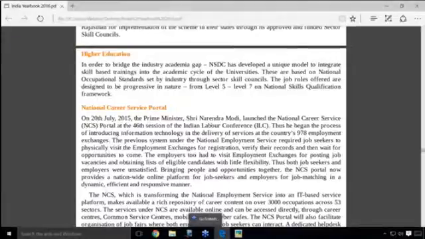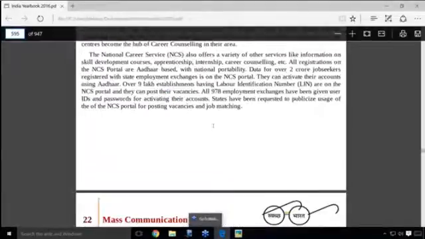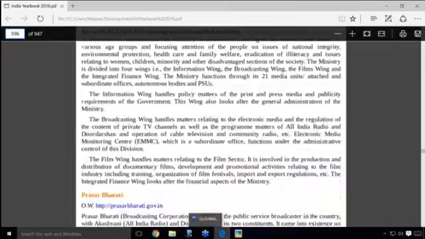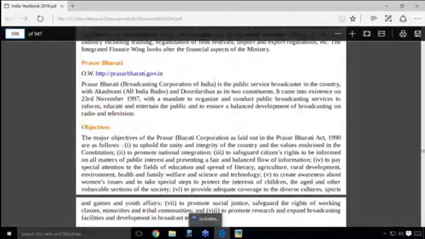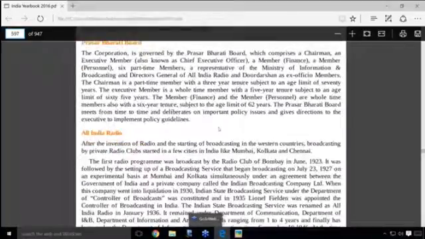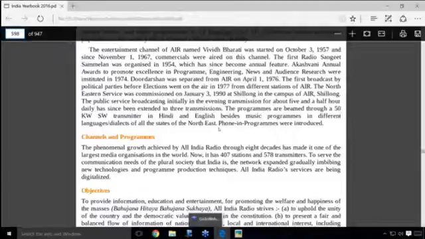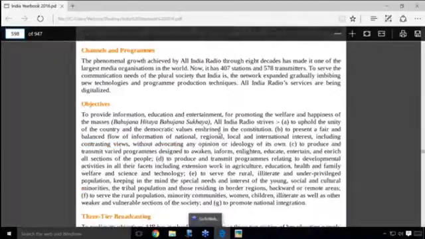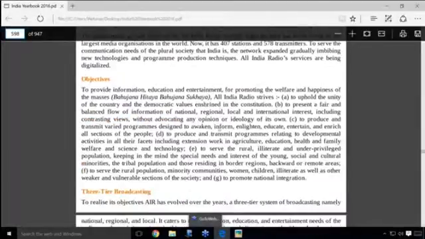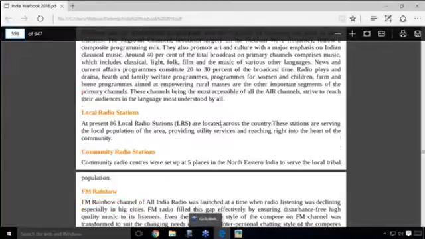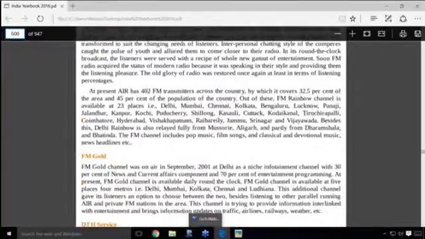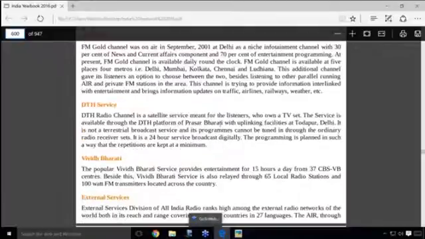Next chapter. This chapter doesn't have any important information at all. Media wing, mass communication. Till now, there is no question which has come on this.